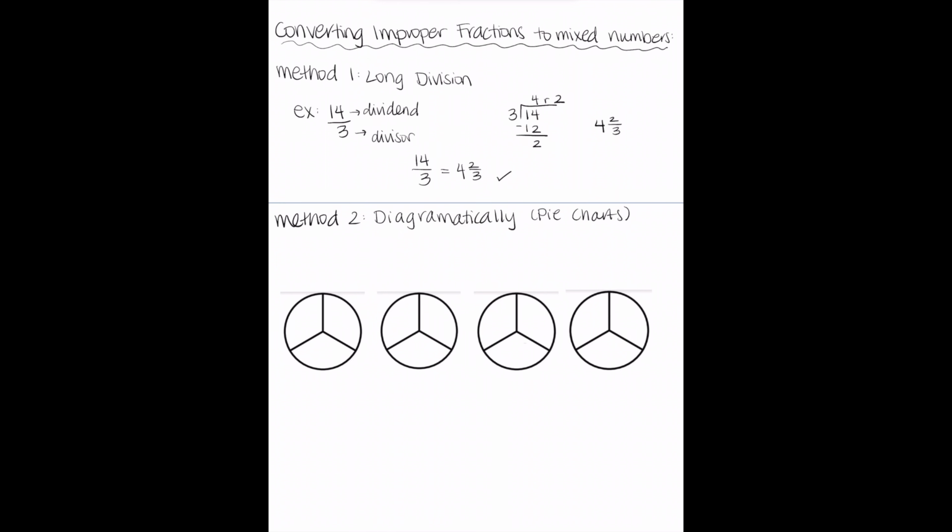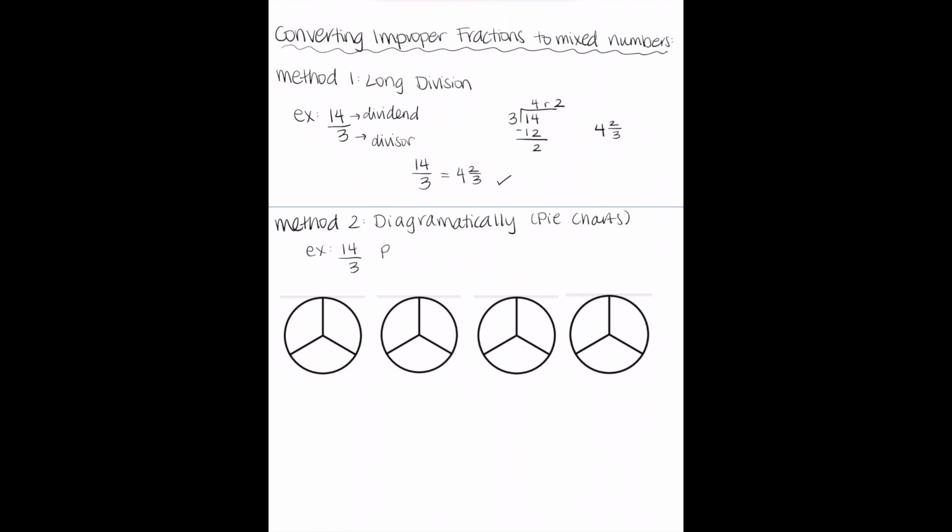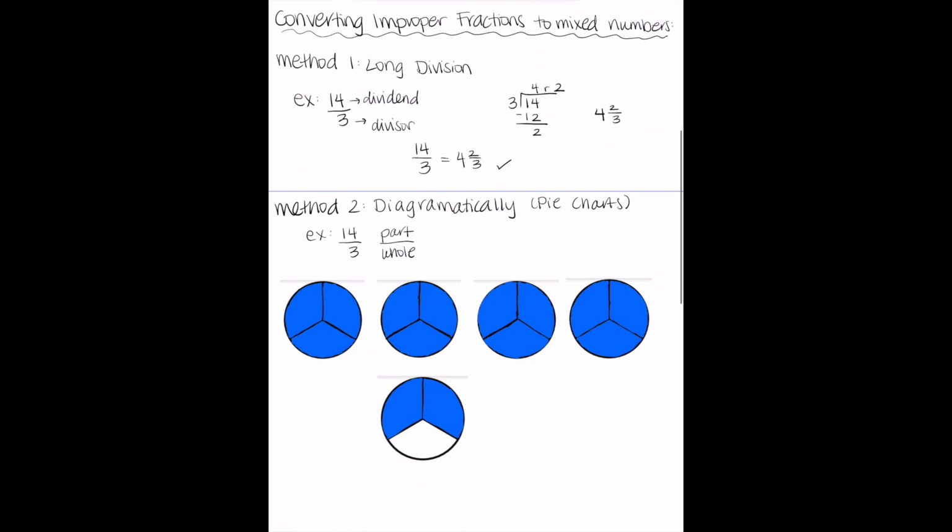For our second method now, we're going to go through it diagrammatically using pie charts, which we have previously used in different lessons. If you don't know how to derive a pie chart from a fraction, please go back and view the videos from the prior lesson. If we take the same 14 thirds from our first method and apply it here, 14 thirds is a part of a whole, right?